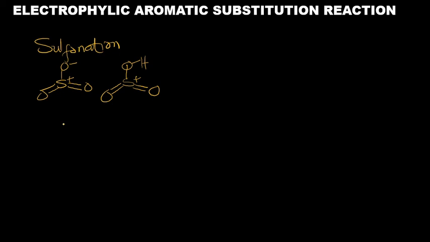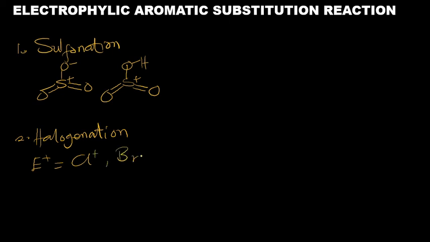What if we are doing, let's call this number one. If we are doing halogenation, then we know we are talking about halogens. So our electrophile is going to be Cl plus, chlorine plus, bromine, iodine. So the halogens, group 7.